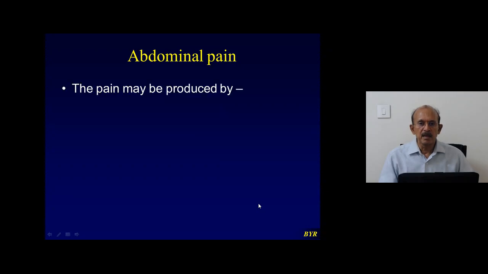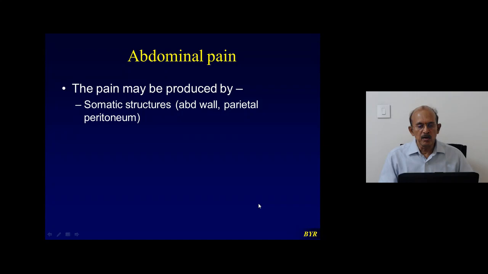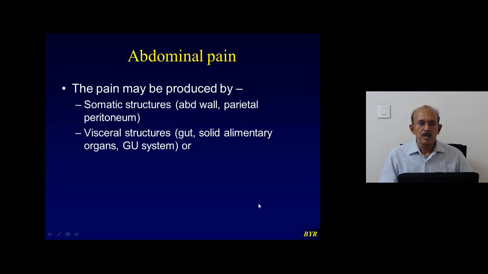The pain in the abdomen is produced by somatic structures like the abdominal wall and parietal peritoneum, and visceral structures like the gut, solid alimentary tract, and genitourinary system. What do you understand by somatic and visceral structures? What is the difference between them embryologically?